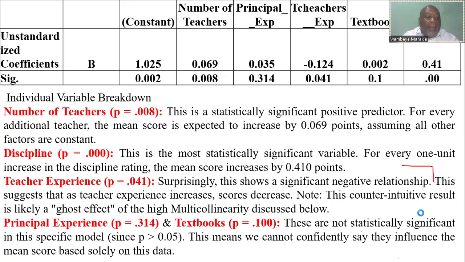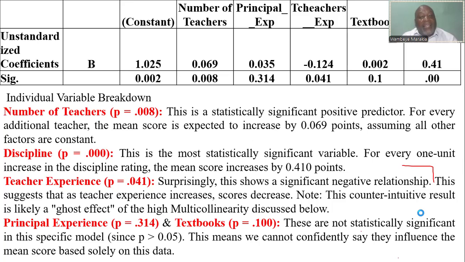And also you look at the principal experience, which is at 0.35. When you multiply it by 100, it is greater than 5%. And the other one is 1, which is also greater than 1%. These two, principal experience and textbooks, are statistically insignificant.